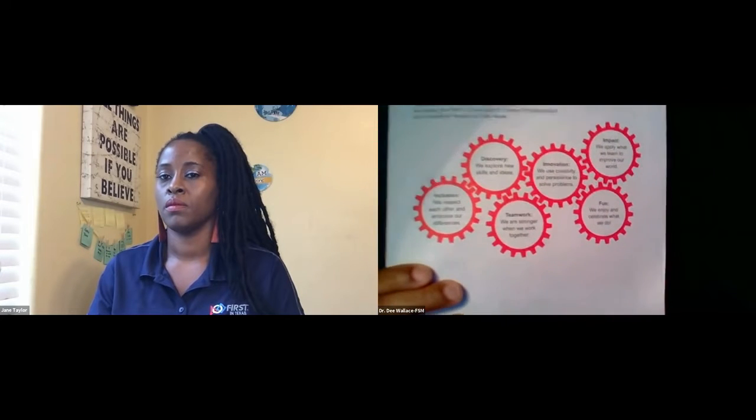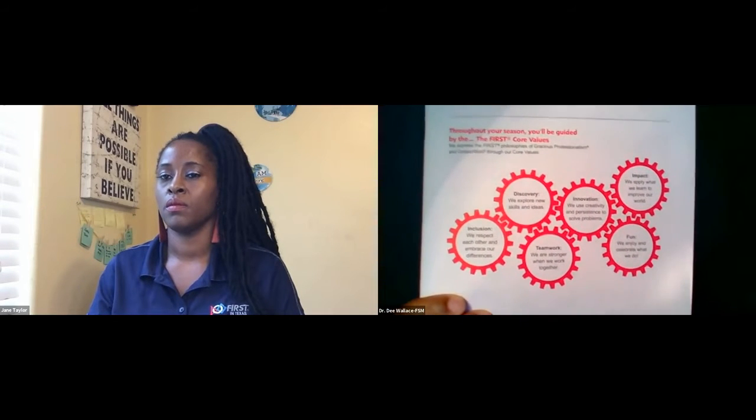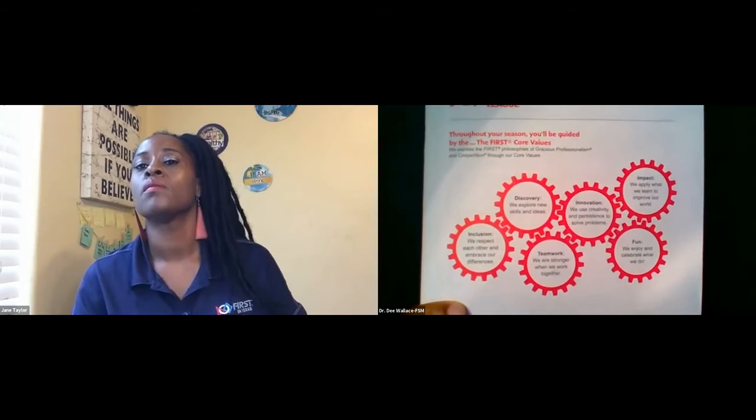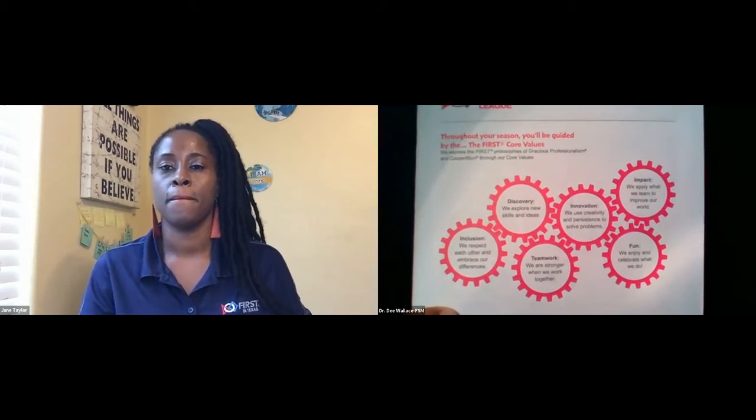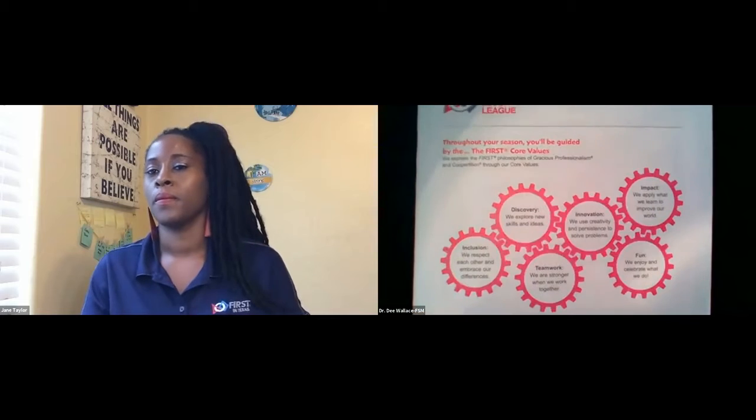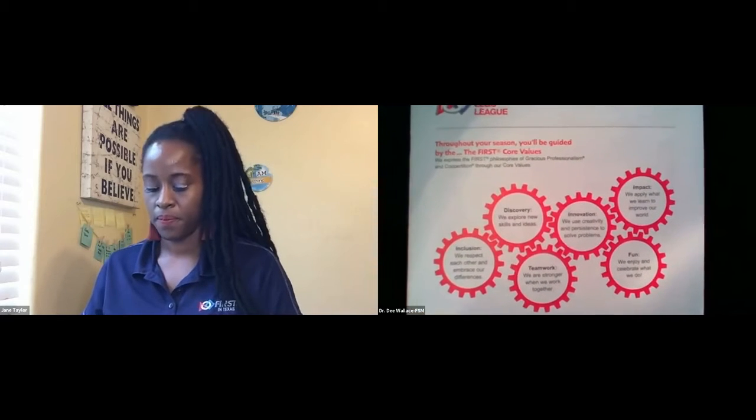One of the things that I also loved about the guides is that it really focuses on the core values. In each one of the learning sessions, the core values are mentioned and the kids have to participate in the core values. So as the judges were talking about previously, this isn't something that they just learn.